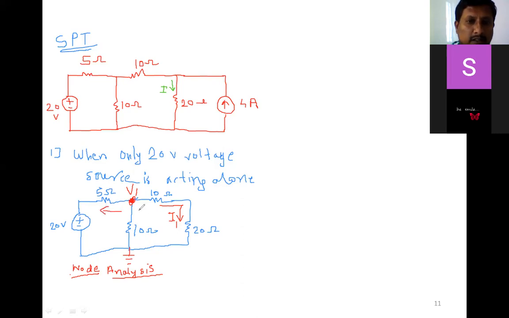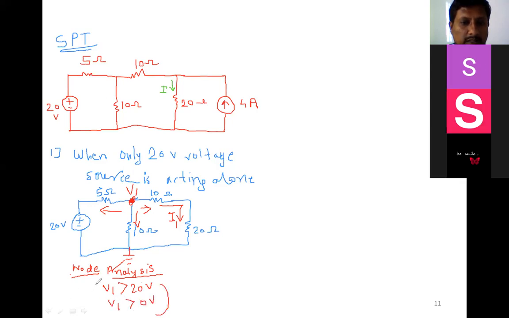This is outgoing, this is outgoing, and this is also outgoing. So all are outgoing currents. We assume V1 is greater than 20 volt and V1 is greater than 0 volt. Now apply KCL here.